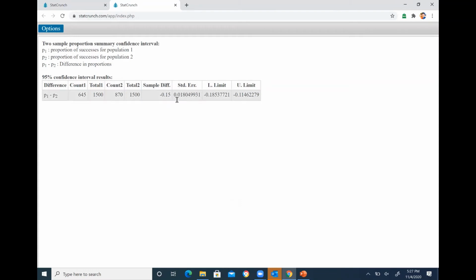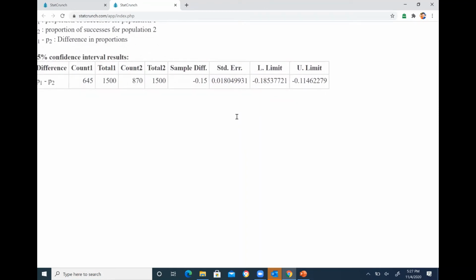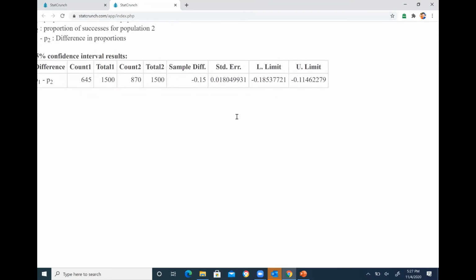The standard error is 0.018, which is for people who compute by hand. The lower limit is a negative value, and the upper limit is also a negative value. So it means the difference is lower than 0, right?